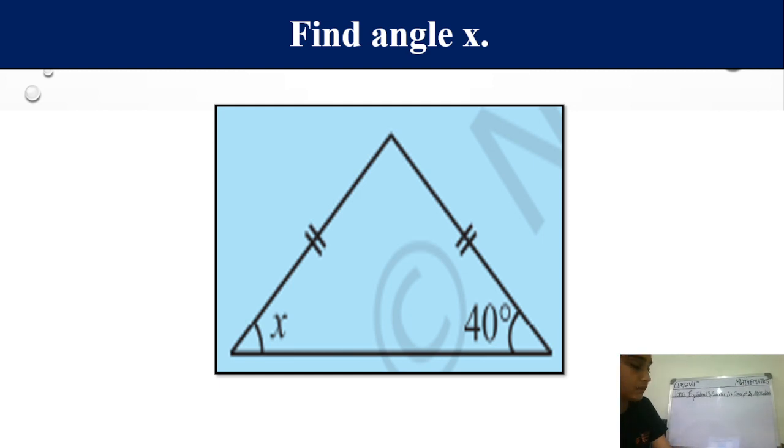Let me draw the triangle. So again, this time I am taking 13 centimeter, two equal lengths. I have taken this equal to this, which is 13 centimeter.